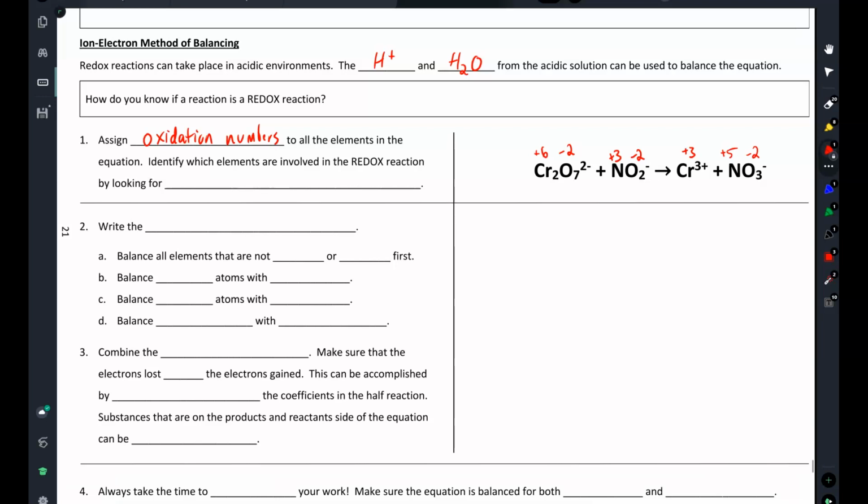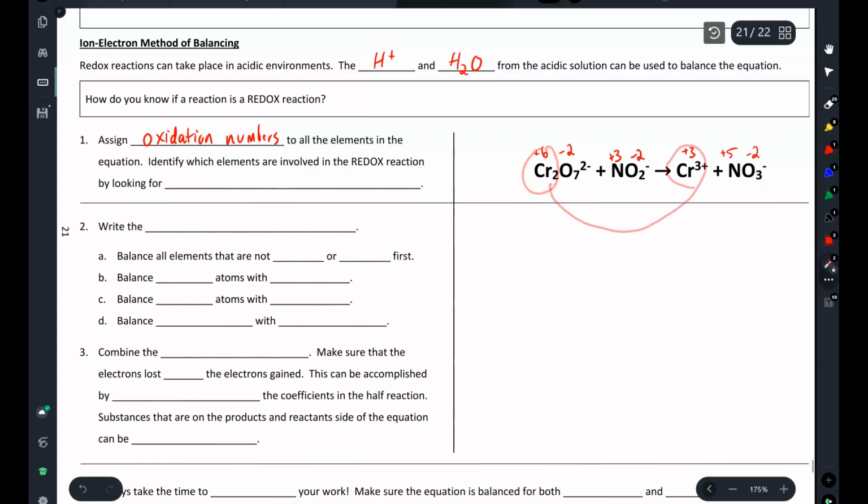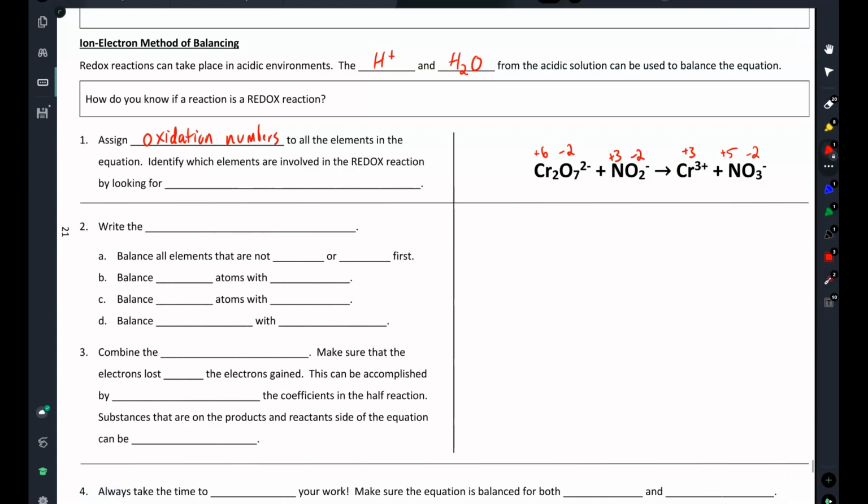How do we know this is a redox reaction? Well, the same way we know all other redox reactions are redox reactions. We've got changes in oxidation states as elements move from reactant side to product side. So we're going to identify which elements are involved in the redox reaction by looking for changes in oxidation number.